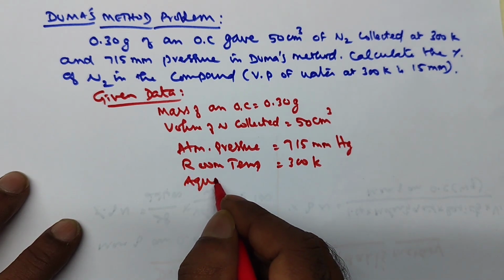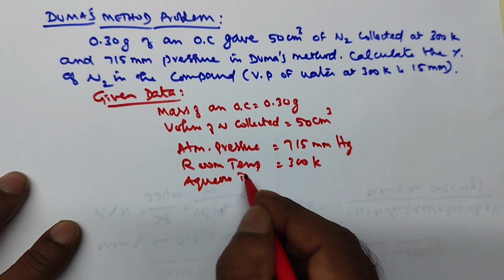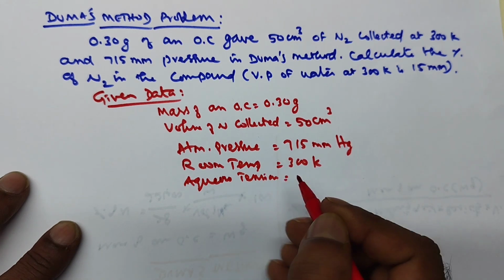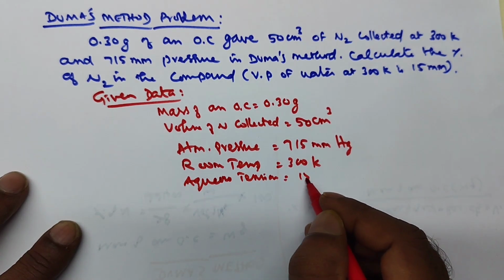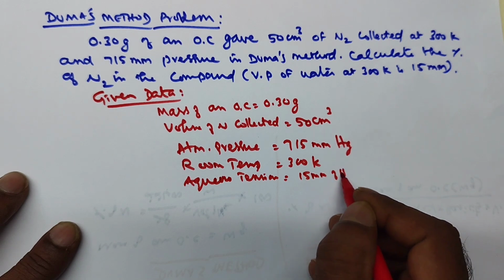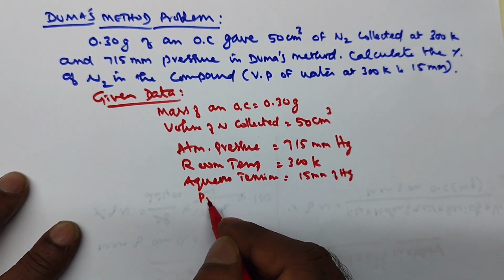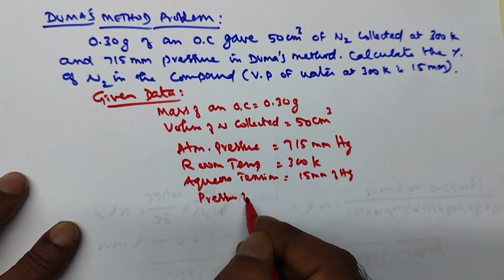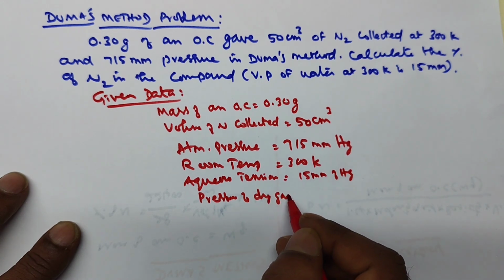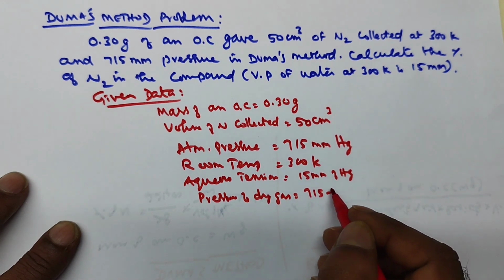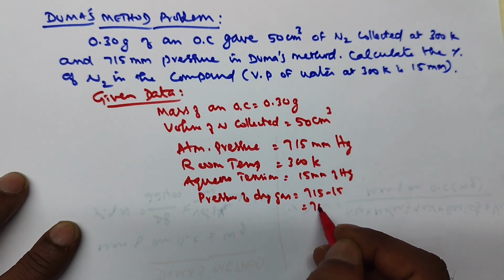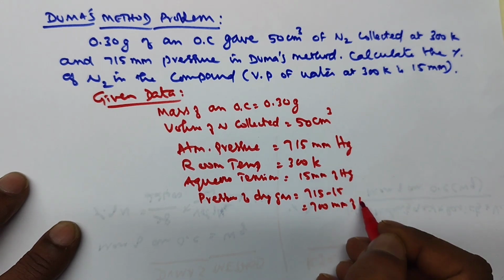Aqueous tension or vapor pressure of water is given as 15 mm of mercury. So pressure of dry gas is equal to 715 minus 15 mm, which is equal to 700 mm of mercury.